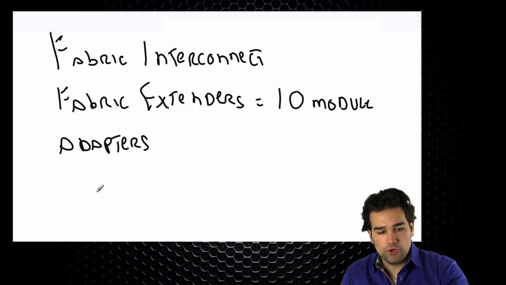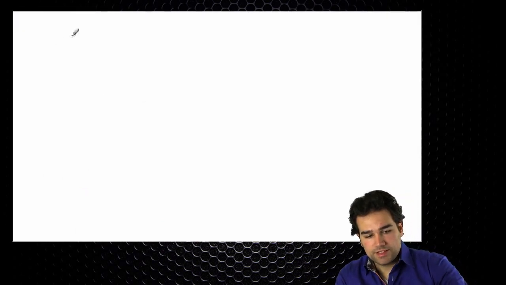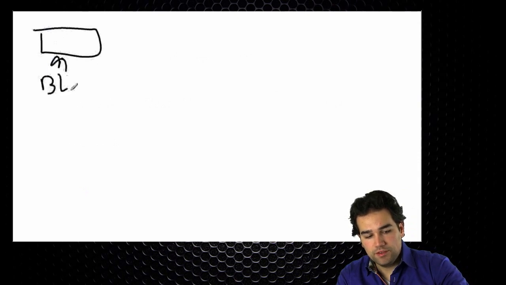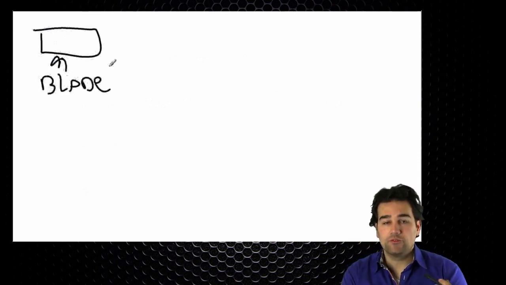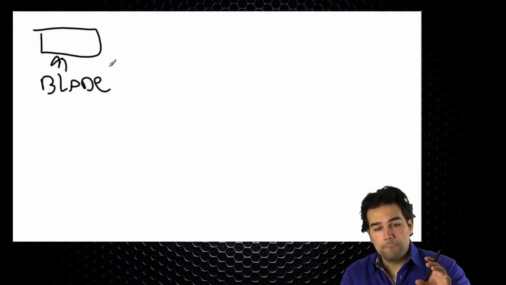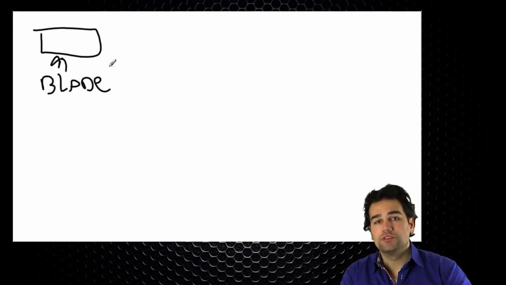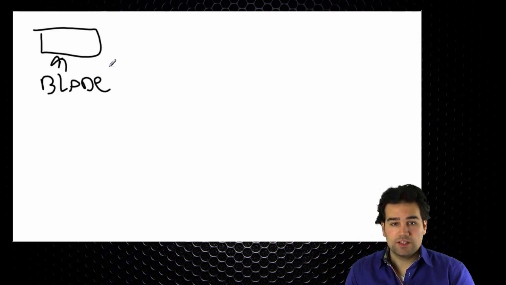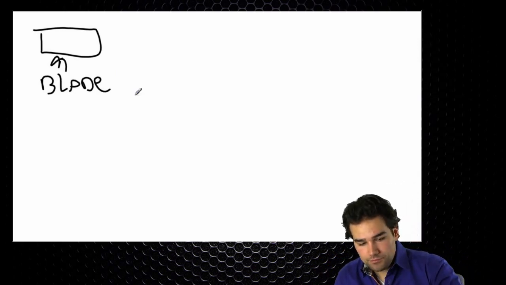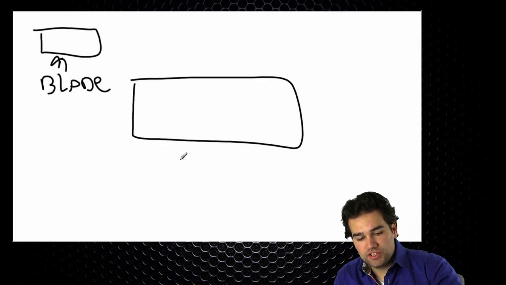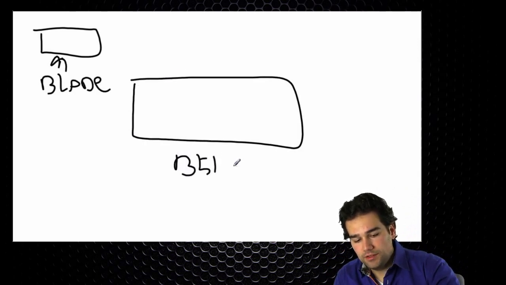So if we draw a little bit about that, like I said, we have all these blades, so they run independently, or at least they run their own CPUs, their own memory, their own network interface cards, but they need to be hosted in a bigger system. That's the whole point of running blade servers. I want to run a high density of servers in my rack, so I need a system to do that. So there's one big chassis called the B5108.